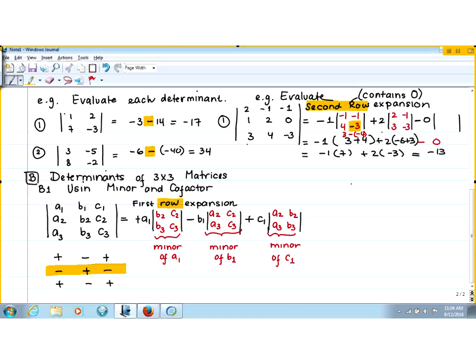Doable? I was just doing it really slowly, but actually it's not that slow.